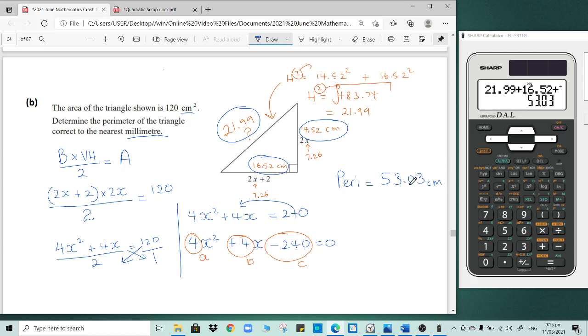Now, to convert our answer to millimeters, remember there are 10 millimeters in a centimeter, so we have to multiply this by 10. So we'll get 530.3 millimeters, but they said to the nearest millimeter, so they want a whole number here. So this is 530 millimeters.